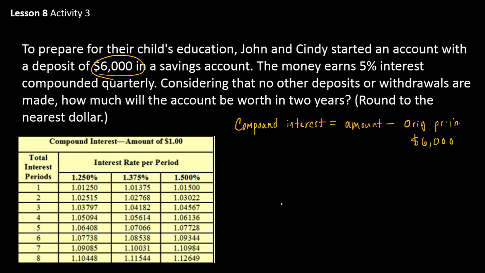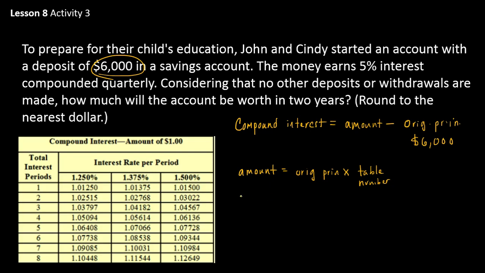By amount, they mean take the original principal and multiply it by the number from the table. So I'm going to call that like table number, or the amount of $1 found in the table.